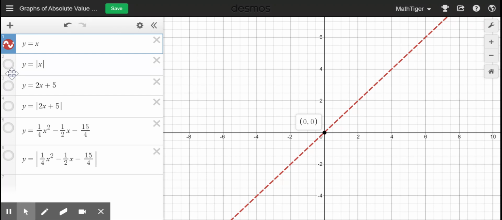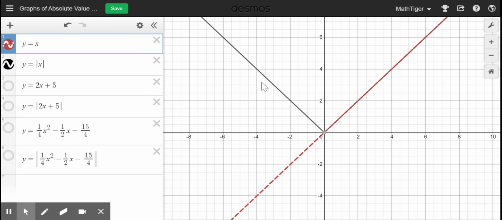Now, an absolute value function, what that does is it takes the positive value of whatever x is. So if x is already positive, it leaves it the same. But if x is negative, it negates it to change it into a positive.